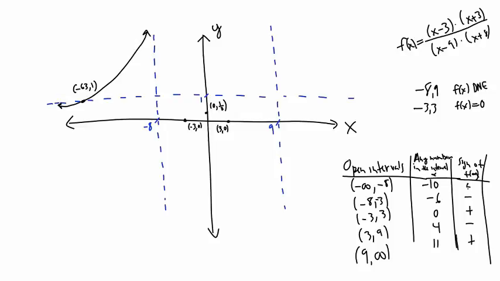Then between negative 8 and negative 3, it's below the x-axis. Goes through this point. Then between negative 3 and positive 3, it's above the x-axis. Then it's below the x-axis between x equals 3 and 9, and then it's above the x-axis, and it does not cross the horizontal asymptote again. So here's the graph of y equals f of x.